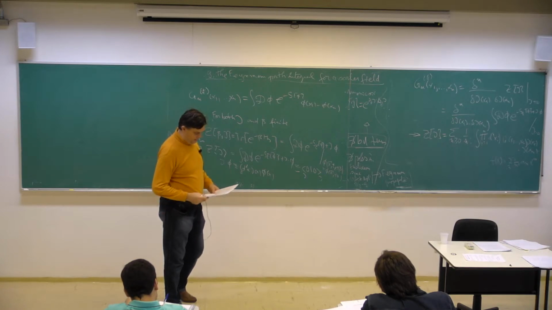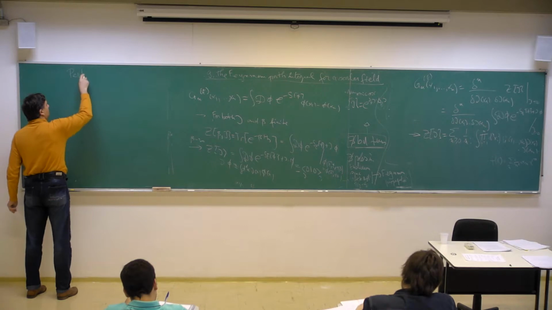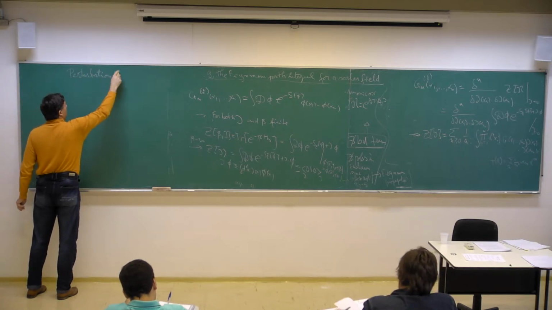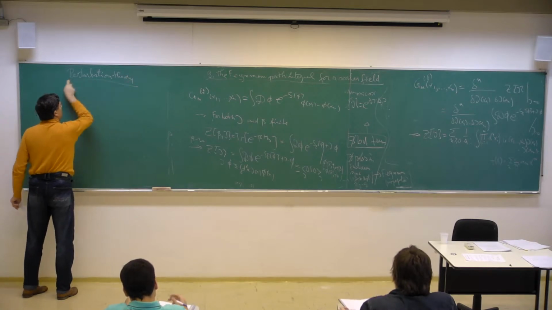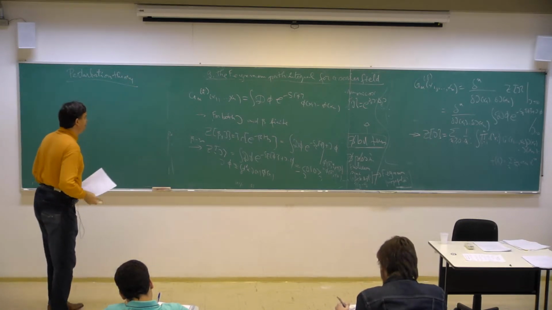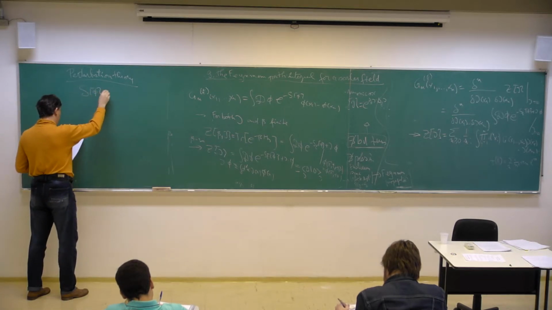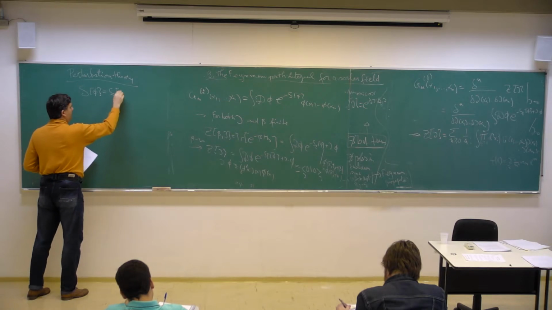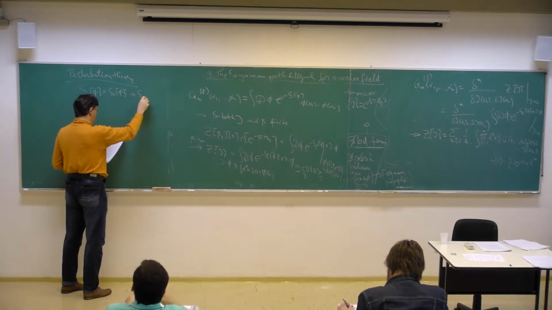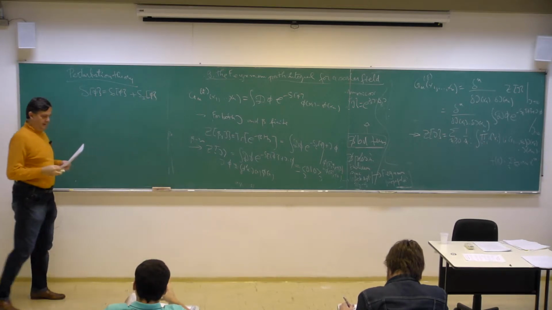So now let's move to understand perturbation theory. Perturbation theory means, as before, that our action must be written as a quadratic part and an interaction part, denoted by S_I.